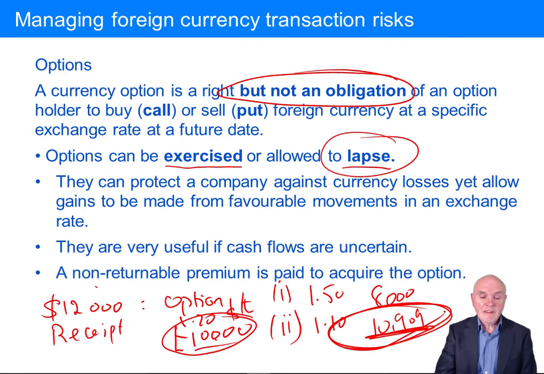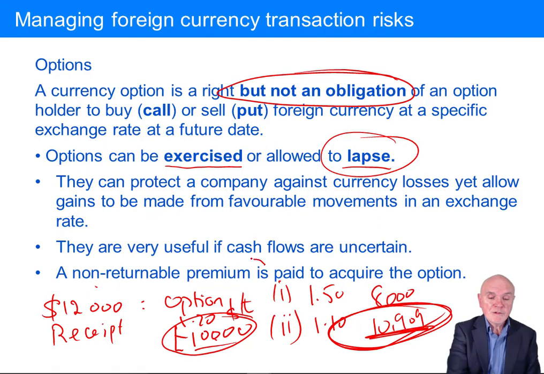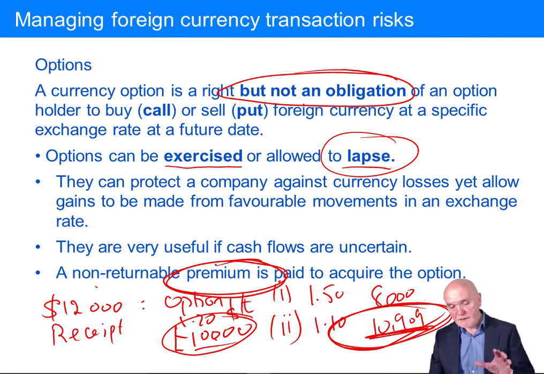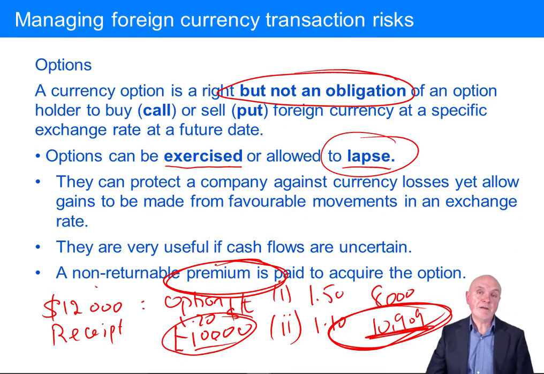Because you are always kind of winning here, or always have the potential of winning, you have to pay upfront a premium, a non-refundable premium, to the person you're acquiring the option from. So maybe upfront you have to pay them £1,000, and that's gone forever, whether you exercise the option or let it lapse, because of the freedom you've been given.